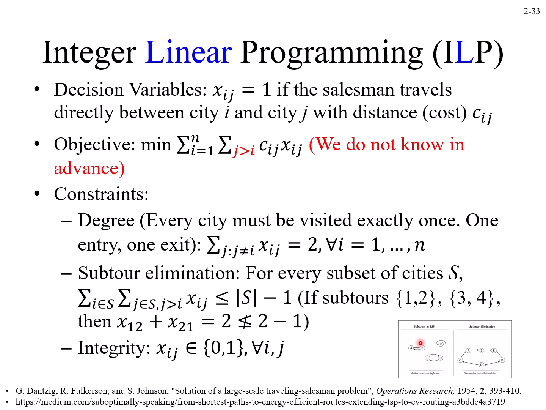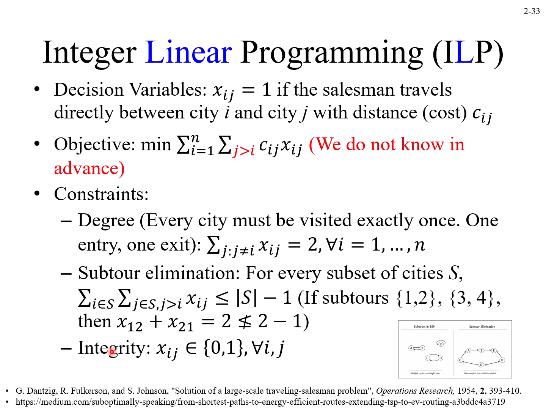So if there's a subtour here, in this case x12 plus x21 is not less than or equal to 2 minus 1, because our subset size is 2. So this kind of constraint will eliminate the possibility on the left-hand side, which is not feasible in the TSP problem. And also we need the integrality constraint, 0 and 1.